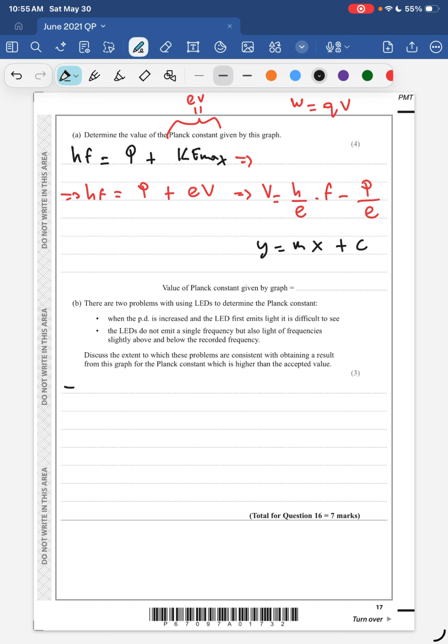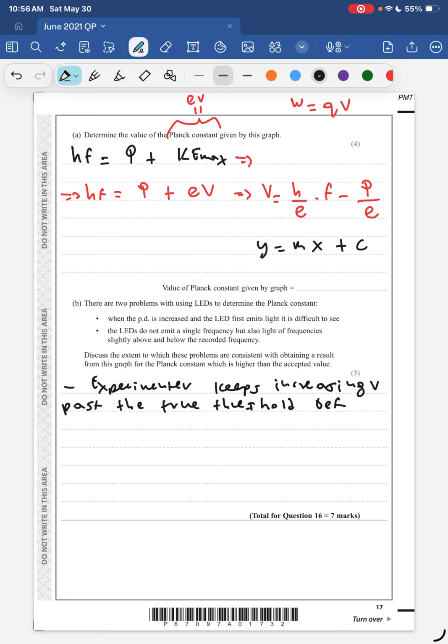So, the experimenter keeps increasing V past the true threshold before seeing the light.